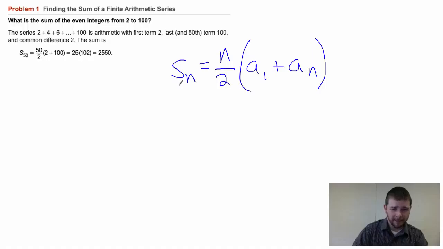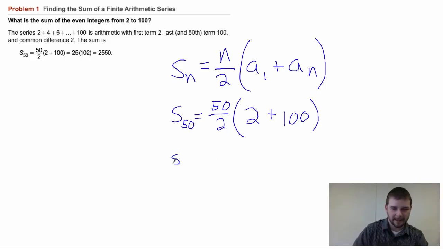So the sum of the series, S sub n, we have the 50th term, so the sum of those first 50 terms will equal, well, our n value is 50, so 50 over 2 times our first term, which was 2, plus our last term, which in this case is our 50th term, that was 100.